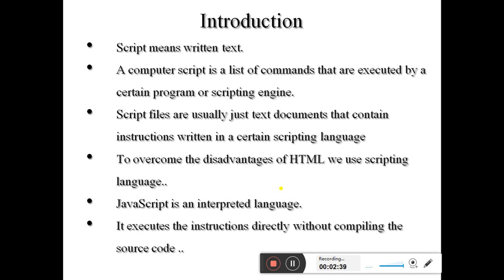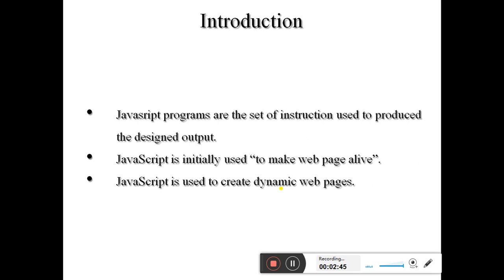It is an interpreted language that executes the code directly without compiling the source code. A JavaScript program is a set of instructions used to produce the designed output, and JavaScript is initially used to make the web page alive, creating dynamic web pages.